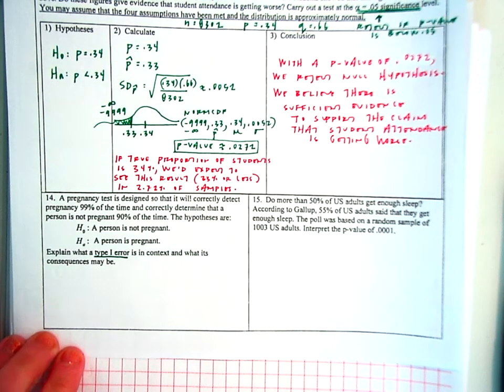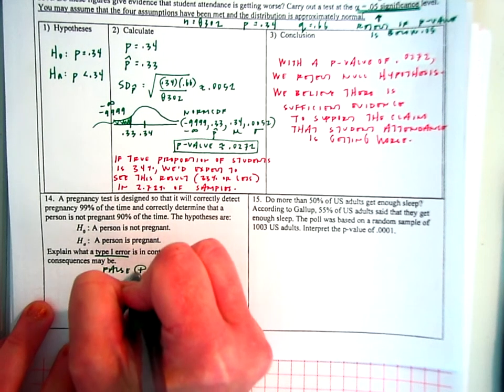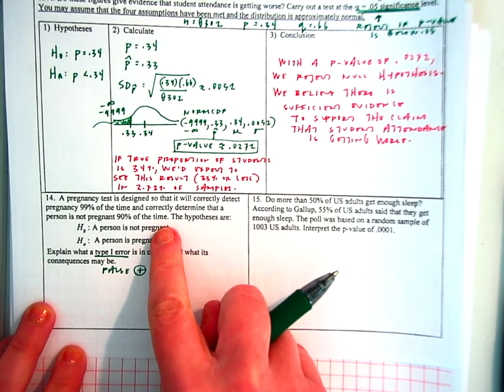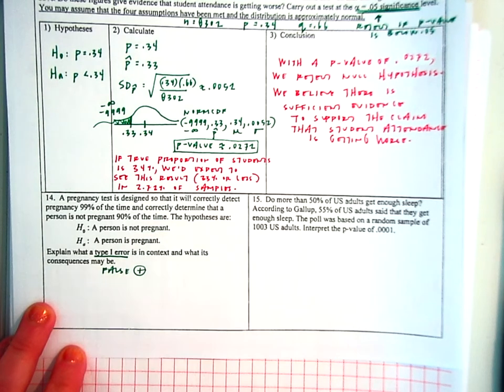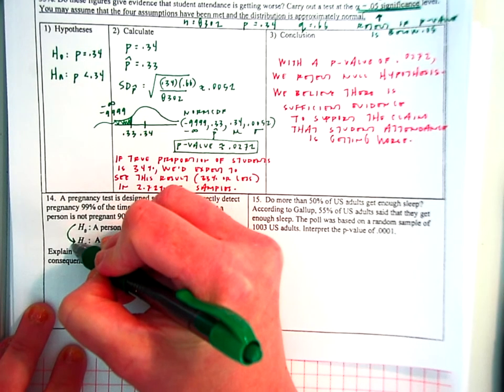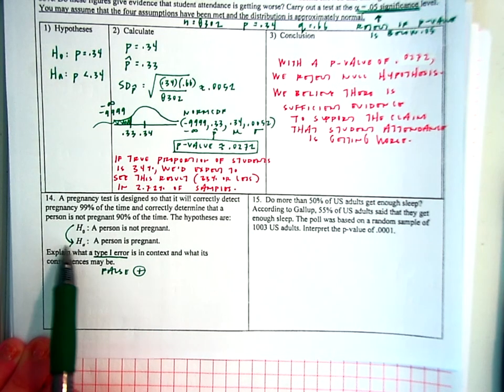So a type 1 error is a false positive. Okay, so if I go back to what my constraints are here, null versus alternative, a false positive is saying, this is the truth, but this is what we are actually finding. So this is the truth, this is what we found.